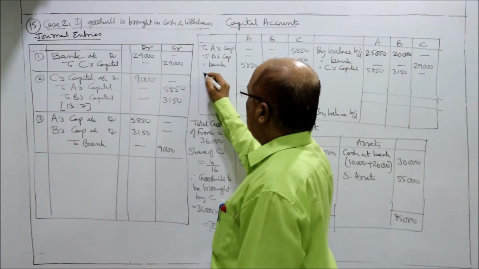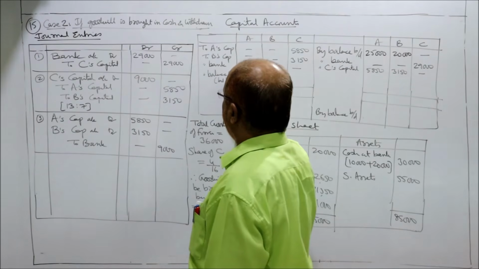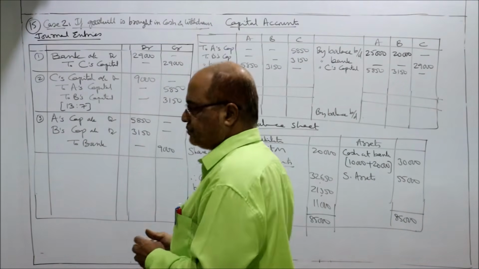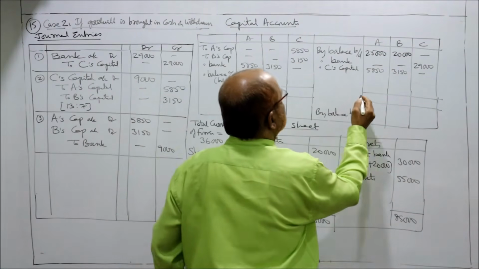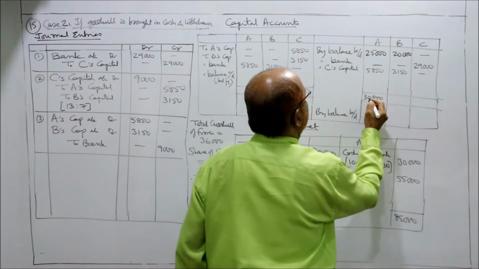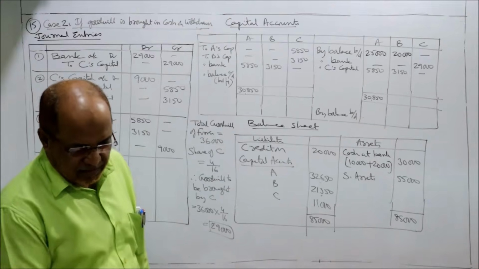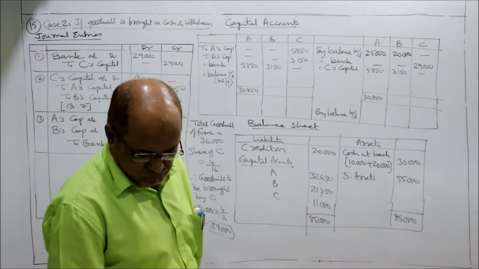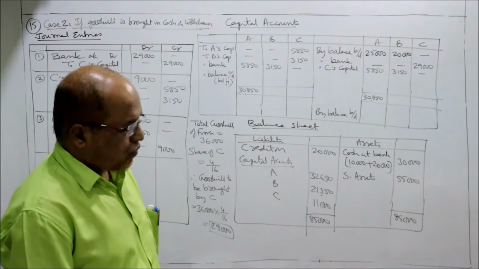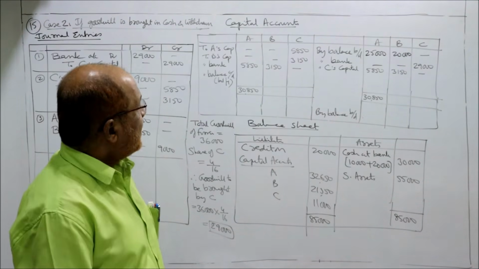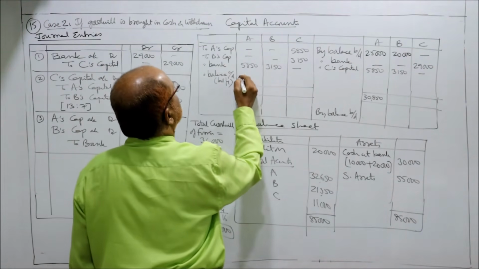That's it. Now to balance carried down, balancing figure by balance brought down. Find out the total on the credit side. 30,850. 30,850 is the balance. Minus 5,850, 25,000. 25,000 is the balance.